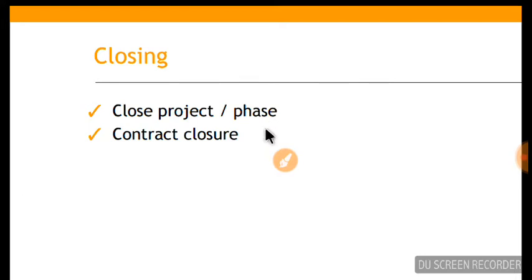Then we need to perform contract closure also. That means we have to formally close all the contracts with our customers, and then all the contracts with our suppliers or subcontractors. So these are the two processes that come under closing.